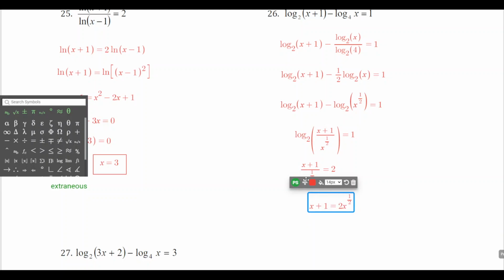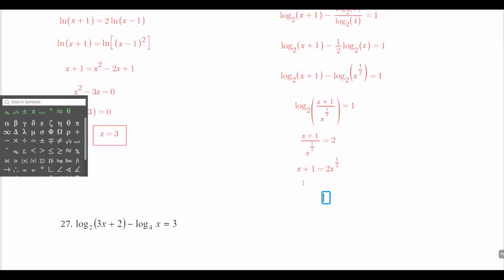And then from there, I can square both sides. This problem is just getting all kinds of out of hand here. So if I square both sides, I'm going to get x plus 1 squared, which I will need to multiply out, equals 4 times x.